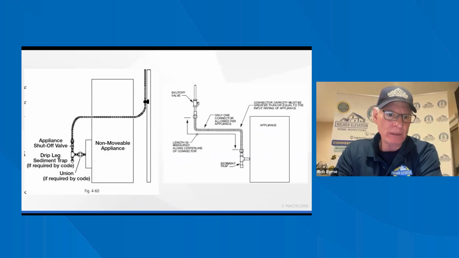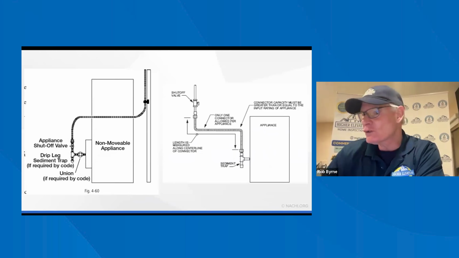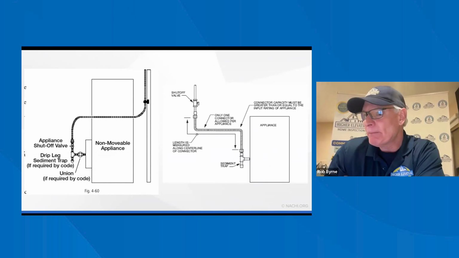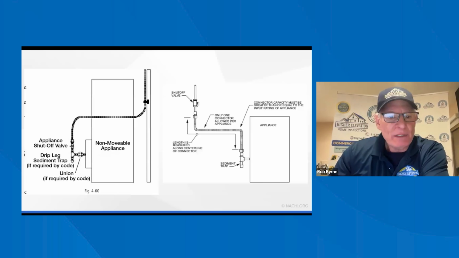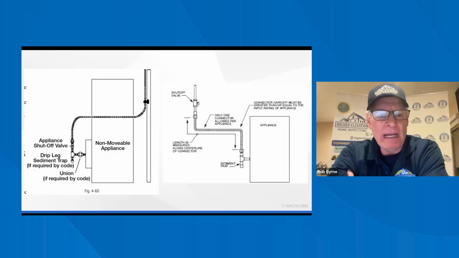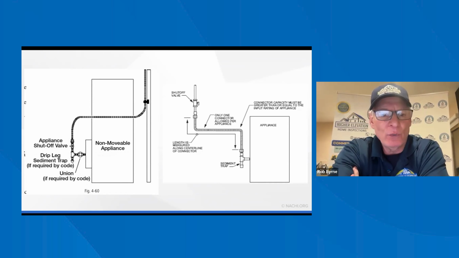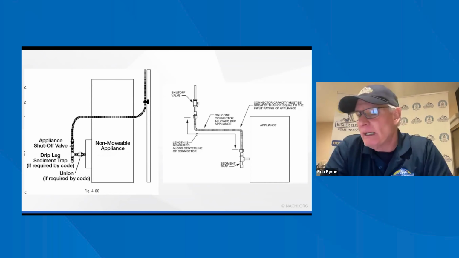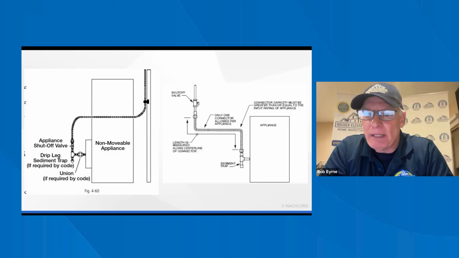What do we got? Appliance shut-off valve. Okay, so on this, fuel sediment traps, basically what we're talking about, then there's always a union where, if it's a non-movable appliance, you have to be able to disconnect it from there. Connection capacity must be greater than or equal to the input rating of the appliance.